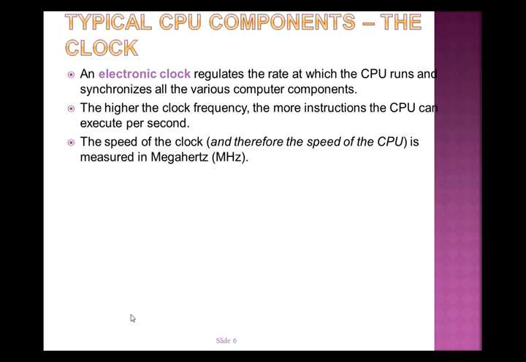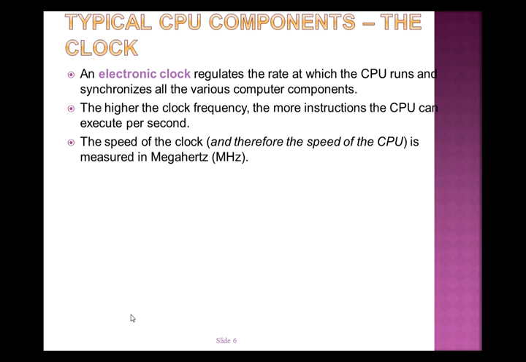So whenever we say the speed of the CPU, the speed of the RAM, or the speed of the computer, that is measured in terms of gigahertz. Whenever we say speed of the clock, or speed of the CPU, that is one and the same thing.